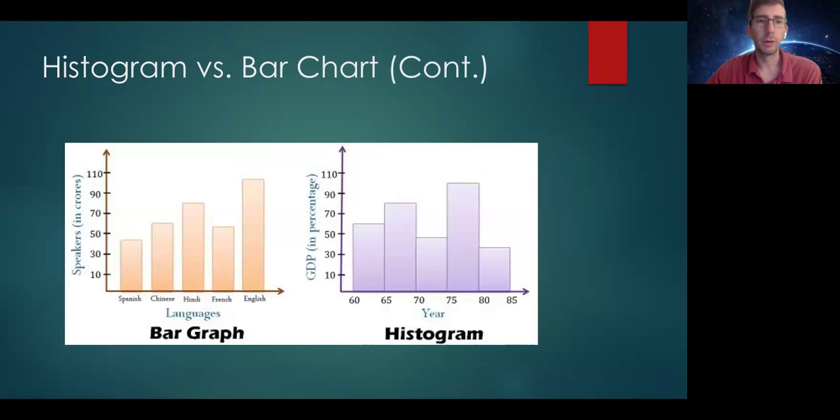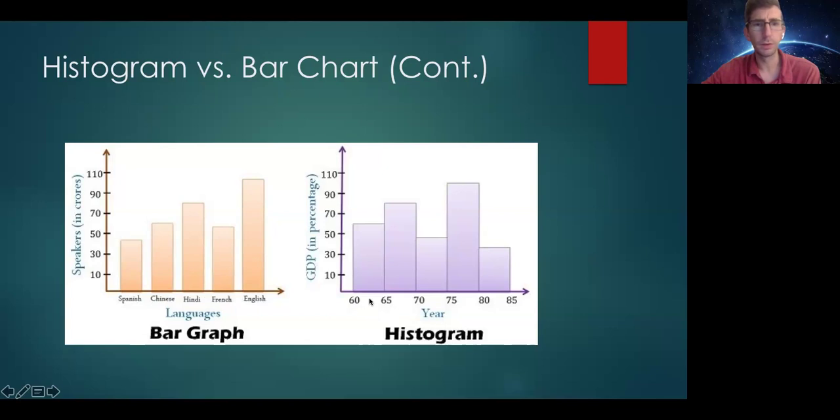Okay, so now just visually, a bar graph versus a histogram. Here in our bar graph, we have different categories for a categorical variable of language. We have Spanish, Chinese, and so on. There are spaces between our bars. So here we can see that almost 50 people speak Spanish, about 60 or so speak Chinese, and so on.